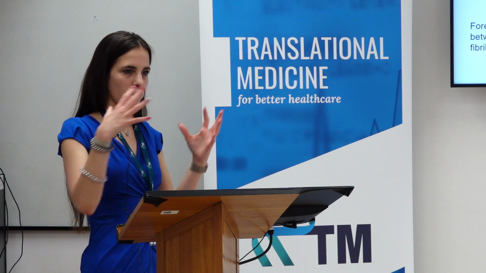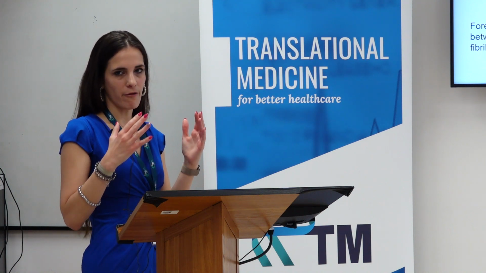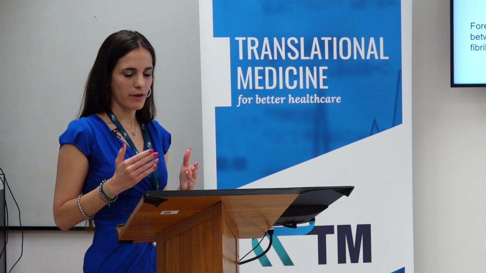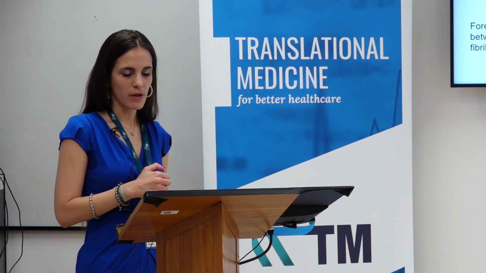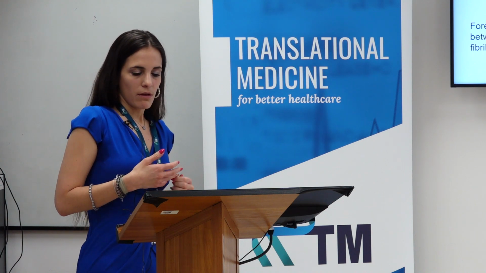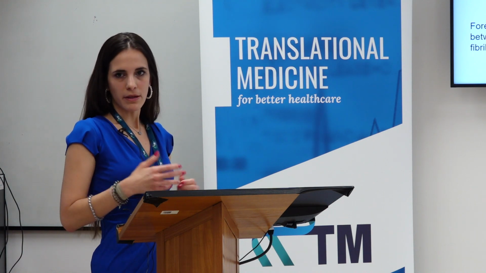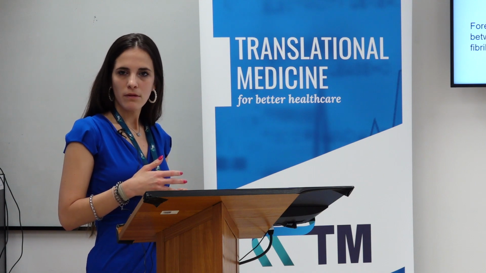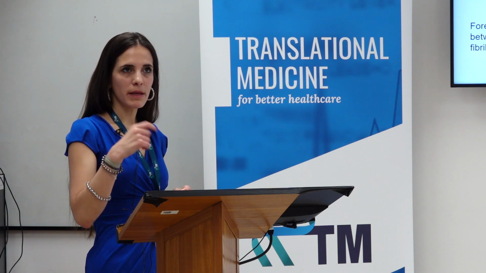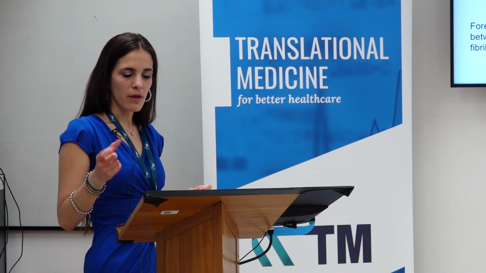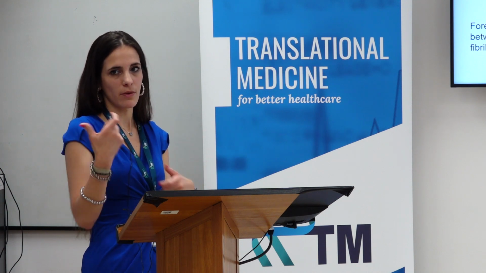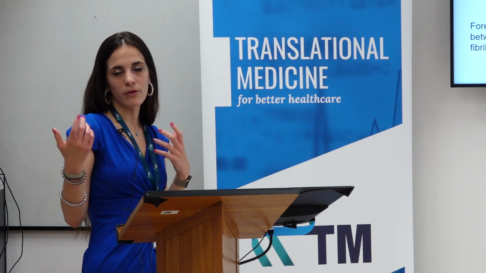Foreshortened means that the left ventricle will have another shape, and if we see this foreshortening on the echocardiography, it will be a bad quality of left atrial strain analysis and bad results. So it means that you will not actually get the results. Yes, because of foreshortening, maybe we have another shape of the left atrium, and that's why the left atrial strain is also altered on the measurements.